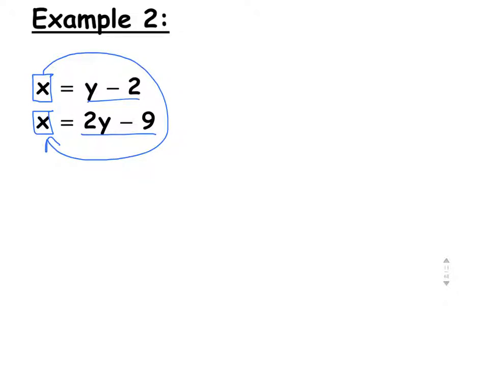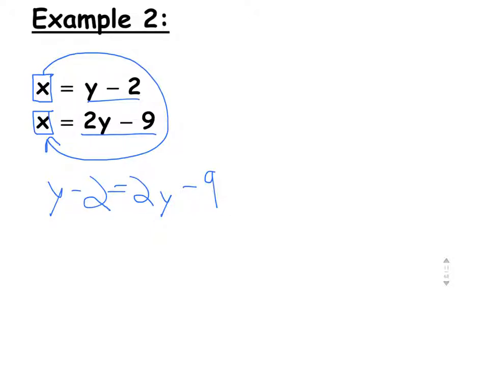Well, that would tell me that y minus 2 is equal to 2y minus 9. Each of these was equal to x. If they both equal the same thing, that means they have to equal each other. So this is a really nice substitution problem because everything is already done for you.